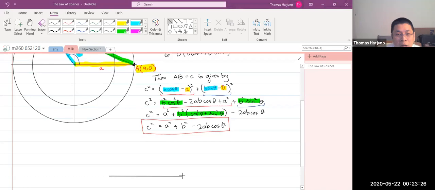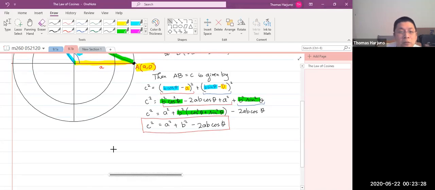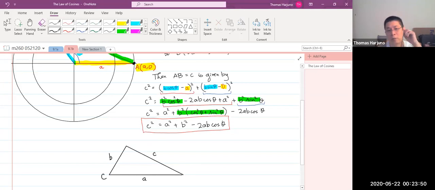let's say this is side A, this is side B, and this is angle C. Side A, side B. Then side C is the opposite of angle C, can be computed using that formula.